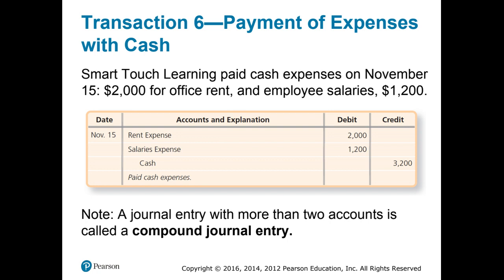So we know that we're crediting cash by $3,200. So we're going to debit the other 2 accounts: rent expense for $2,000, salaries expense for $1,200, and our note is that we paid cash expenses. A journal entry with more than 2 accounts is called a compound journal entry. So this is a compound journal entry.